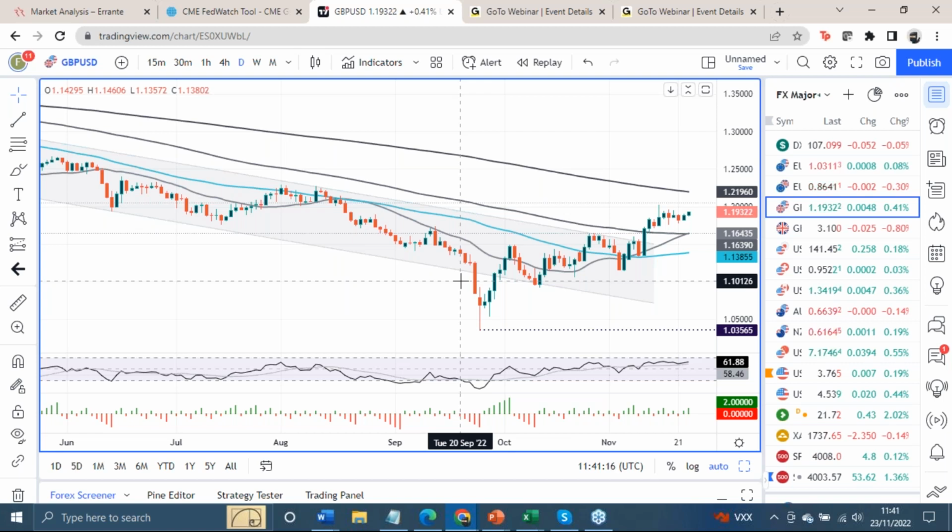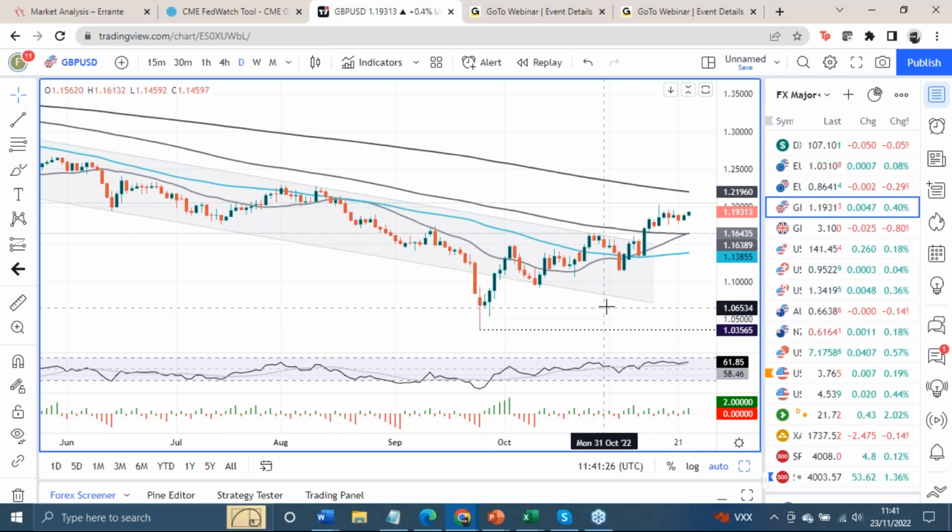Technically, if we look at the chart, you can see this decent push up from the spike close in late September, and where are we now? A consolidation phase, just below 1.20, the recent high at 1.2028. We need to push above there to get a new range, 1.20 to 1.25 possibly.